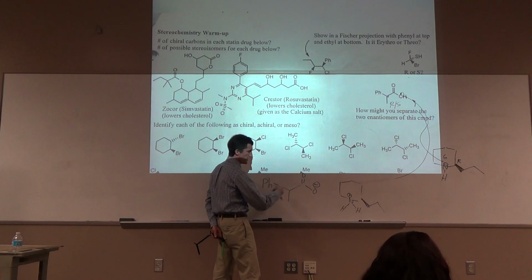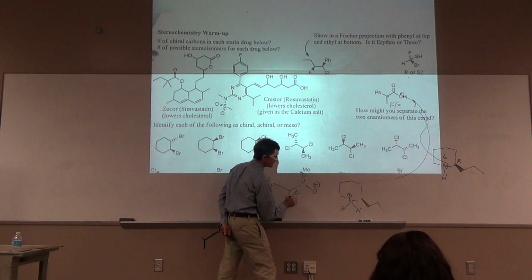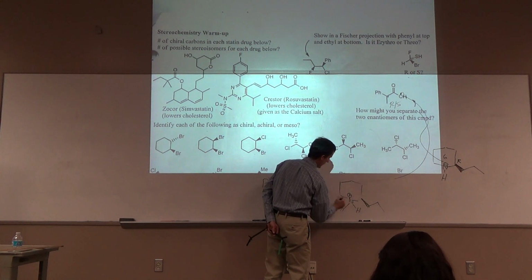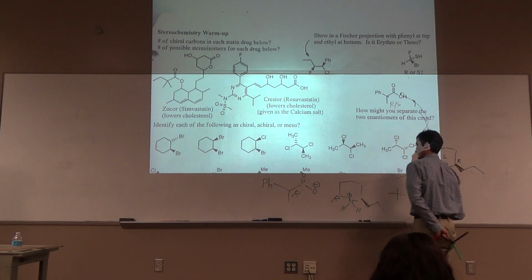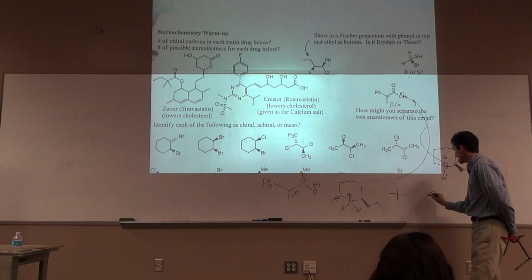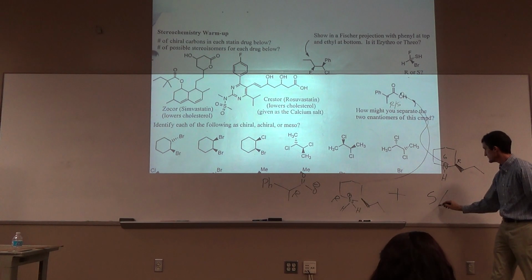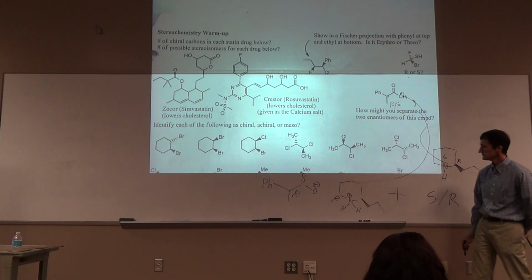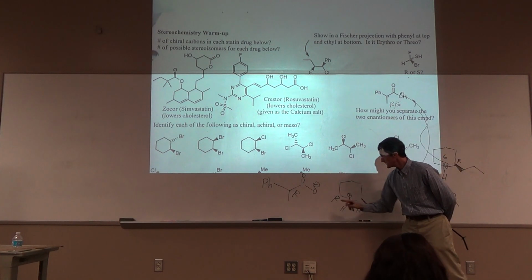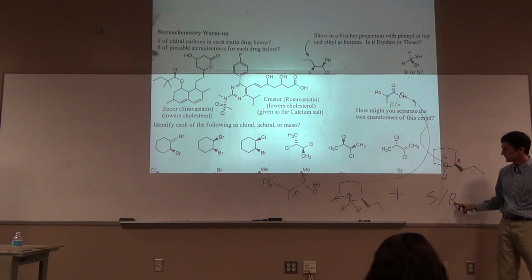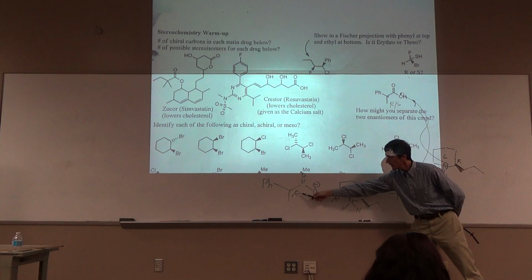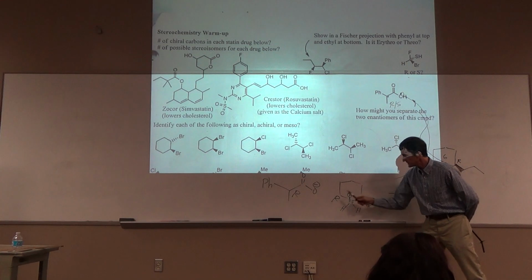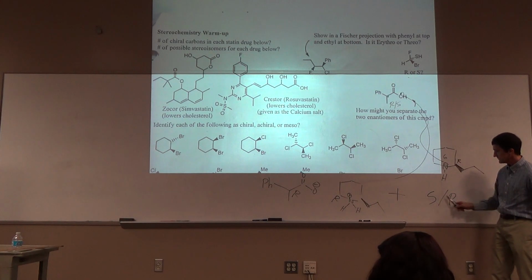But there would be two scenarios here. You can have R, all this is R, plus what? You'll also have some that are S with R. You'll have an RR salt and you'll have an SR salt, because the original was some R and some S. The R will react with the R to make that salt. S will react with the R to make this salt.